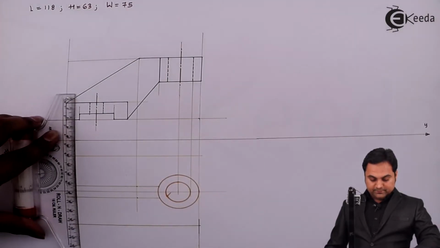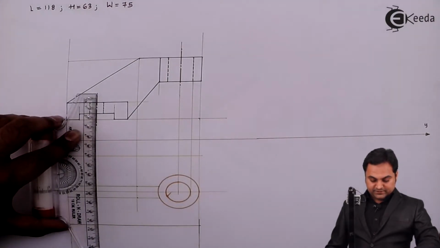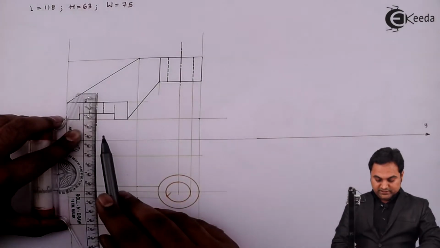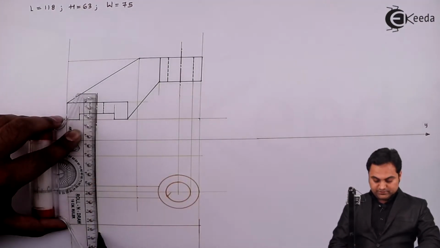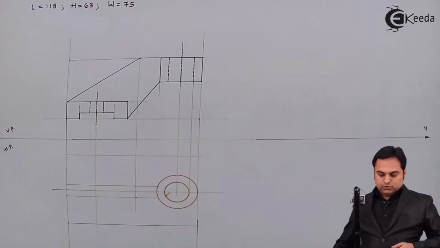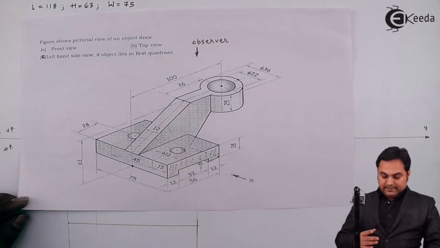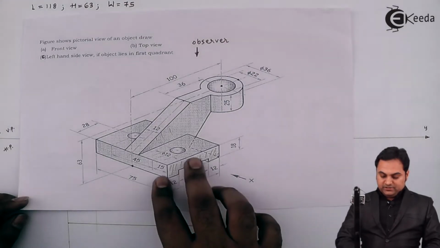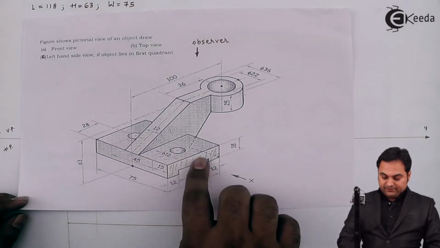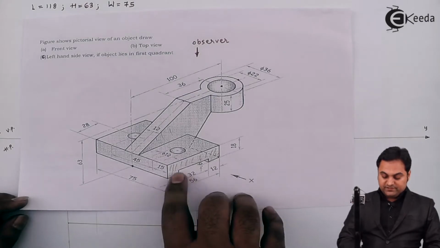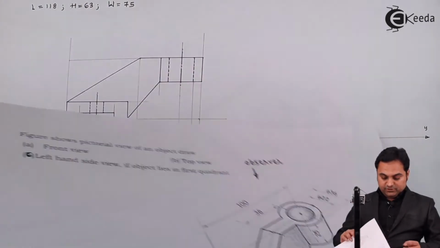So projecting them, first getting their centers with the help of a very light line, I am projecting the center of the circles. Next, now here I'll be marking the center for this small circle, and as we see here, it is located at 28 mm length, that is half of this portion, which is 56, and at 15 mm width.